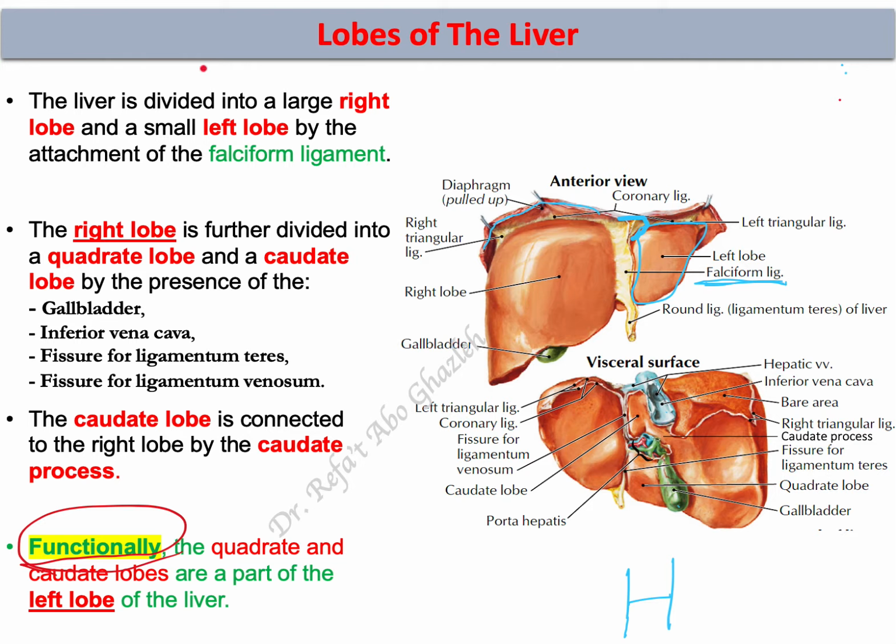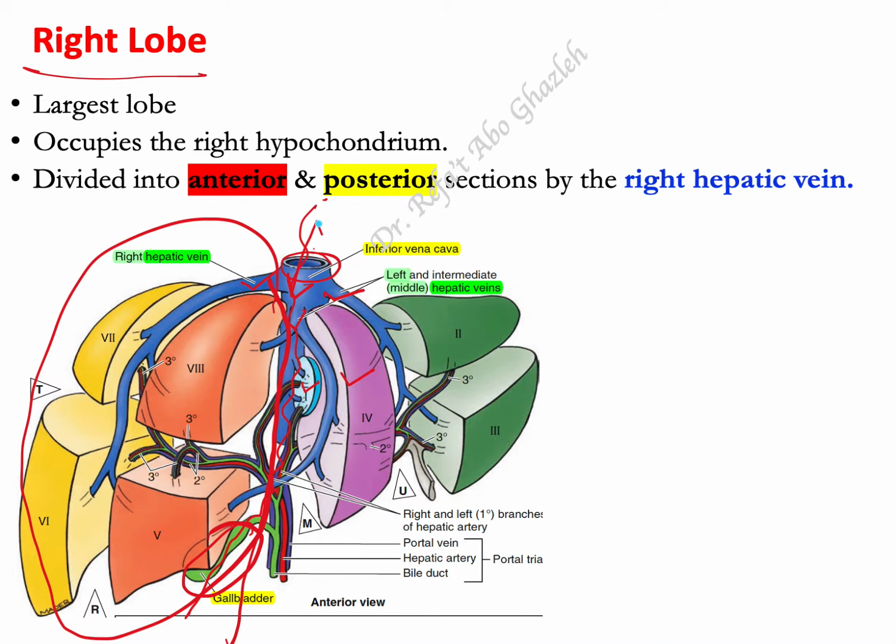Okay, I think you remember this is the inferior vena cava and this is the gallbladder, and I'm talking about this right fissure. So from the inferior vena cava to the gallbladder, this is the right fissure. Back again here. Okay, this is the right fissure, right?